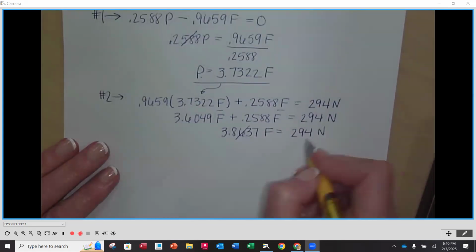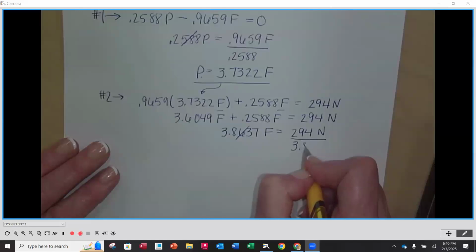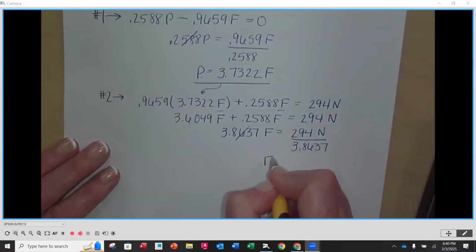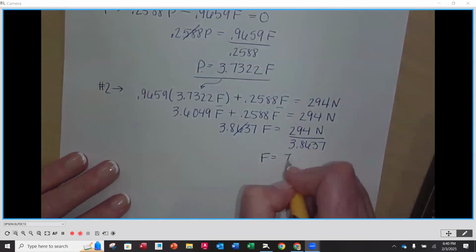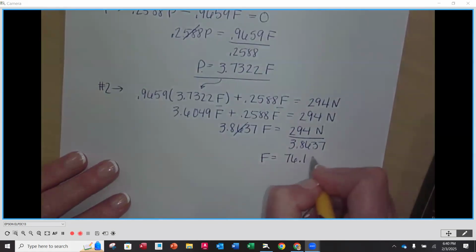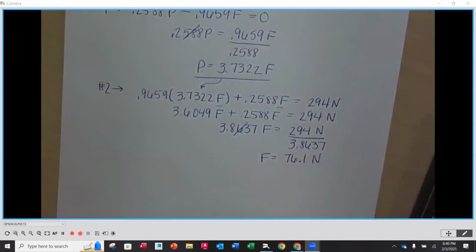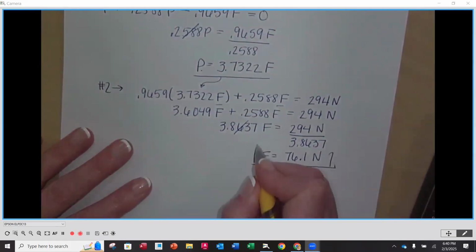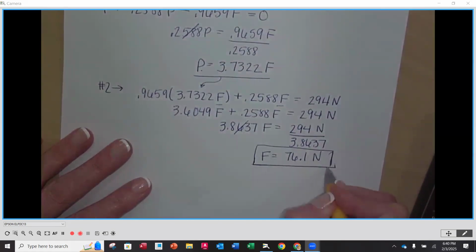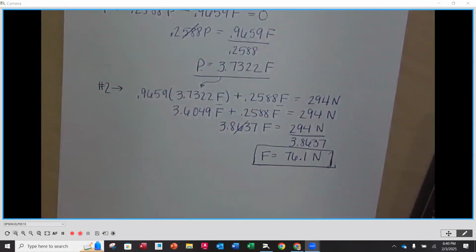And now solving for F, I get about 76.1 newtons.